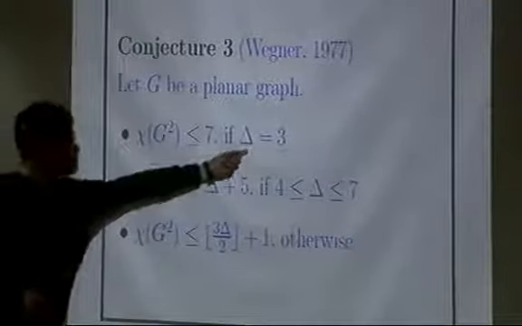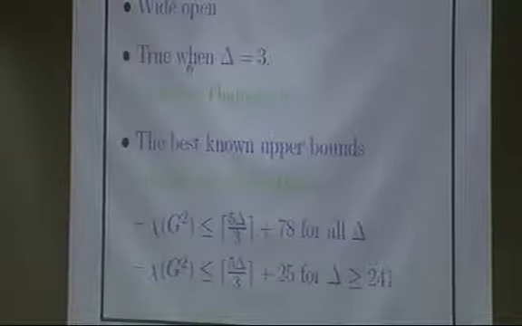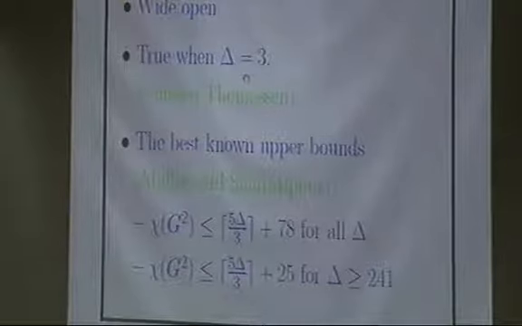It is wide open except the first case, when delta is 3. It was proved by the very famous graph theorist Carsten Thomassen. But I couldn't see his paper yet.